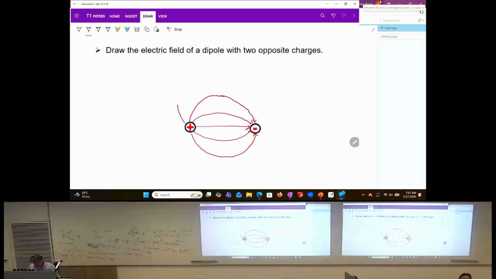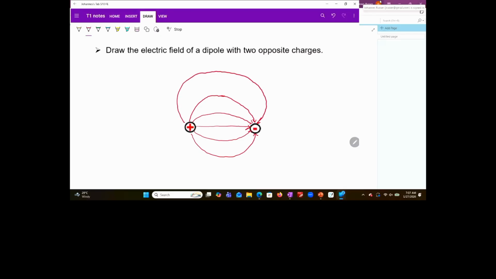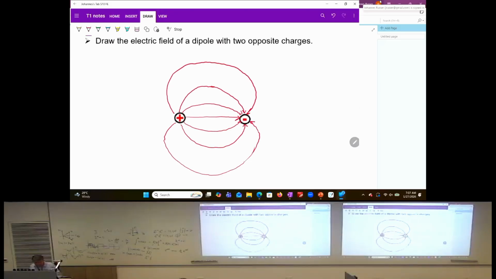If you go out here, and then we can also plot the lines of equipotential. So these are our E field. And now we take also our potential. This looks like that.